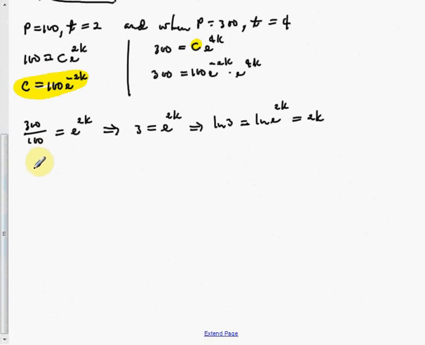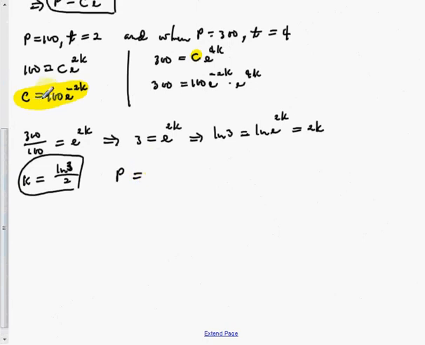So here, 2k is equal to the natural log of 3. That is, k is equal to the natural log of 3 all over 2. So that's k.